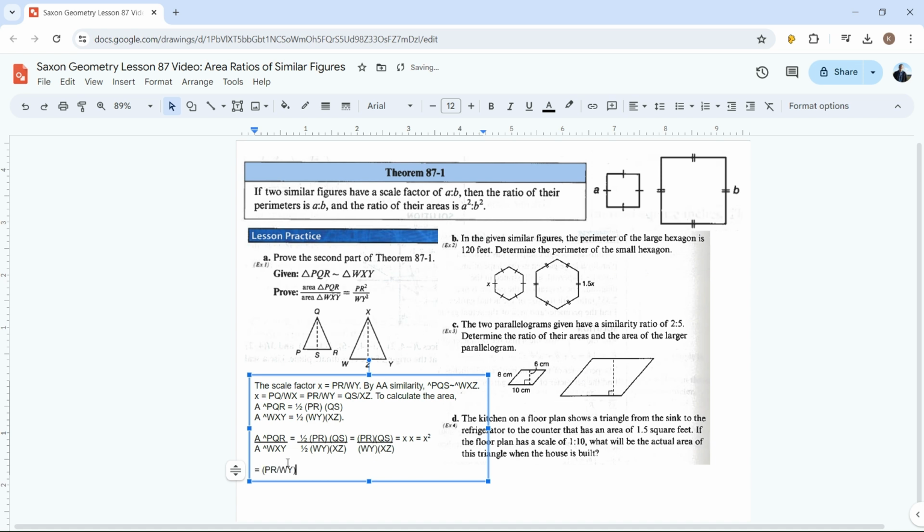I'm just going to substitute that in for x squared. And that is how we prove our theorem 87.1. We proved that the ratio of the areas of these two figures is equal to the scale factor squared.